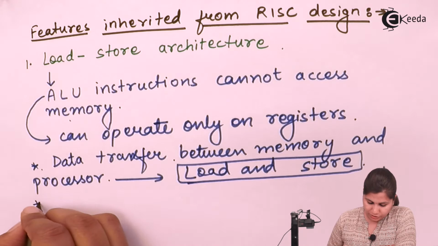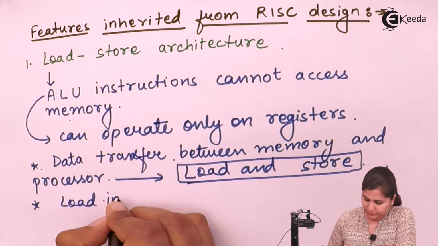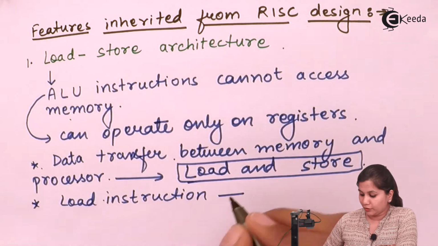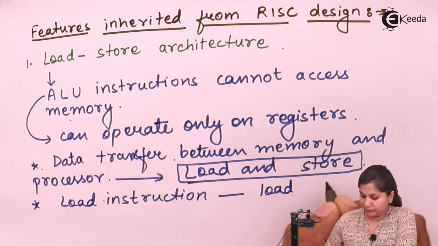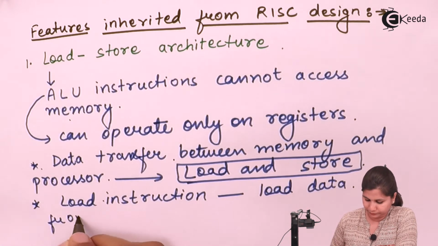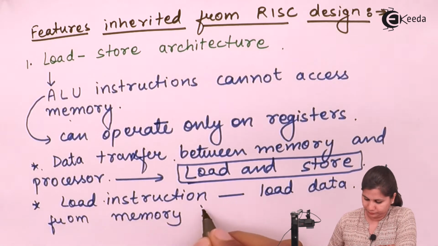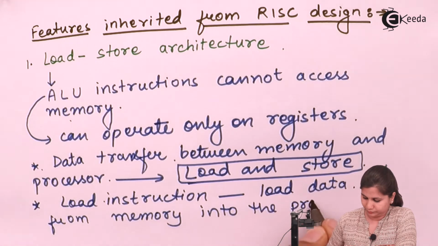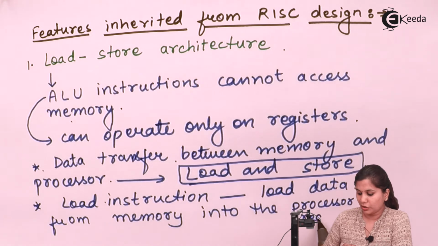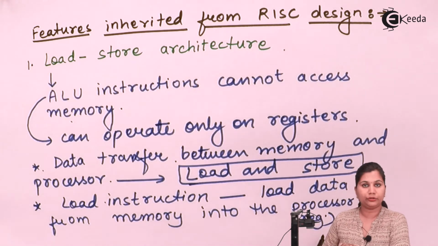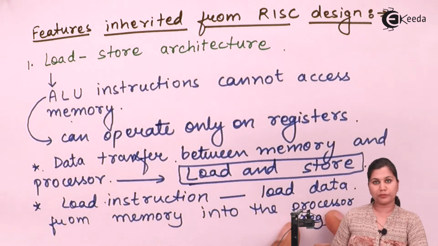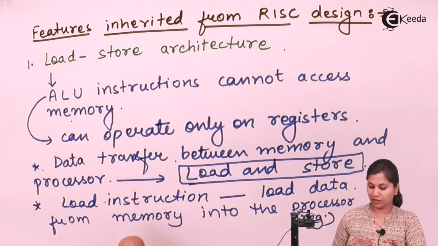Now the load instruction loads the data from the memory into the processor. In the processor we have the registers, so the data will be loaded into the register. So if we want to move data from memory to processor, we will use the load instruction.